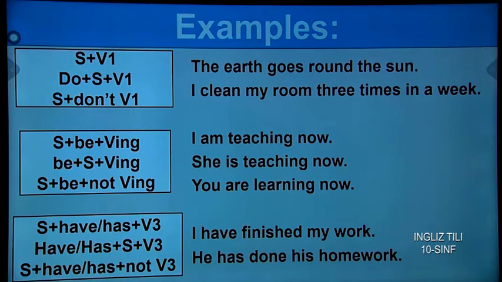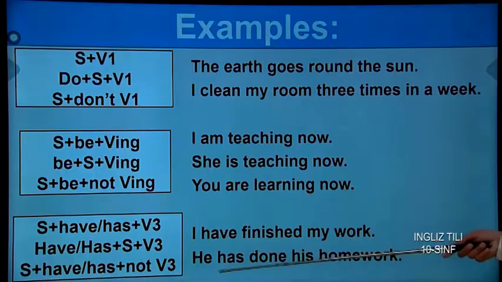For perfect, subject plus have or has. You know, we use has with third person singular, plus verb 3, past participle. Example, I have finished my work. It means you have finished it, you are free, you can have a rest. Or she has done her homework. It means she has ready homework, teacher can check it.